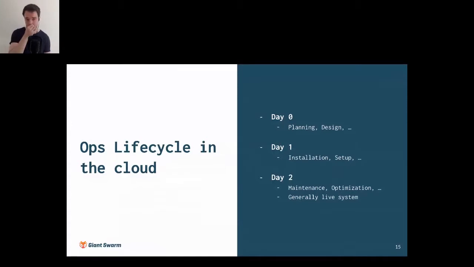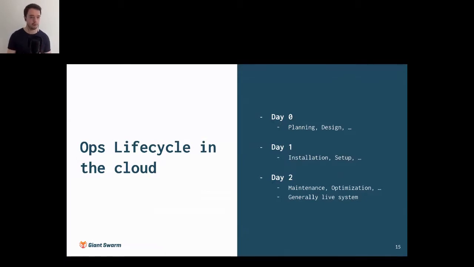So there's a certain ops lifecycle in the cloud. I think we're at a DevOps conference, so I believe most of you have heard of this, but basically we have these words of day 0, day 1, and day 2 ops, where day 0 means it's just planning and design. So we're not doing anything that is taking actual effect. We're just planning out what our component is going to be and what the design is going to be and so on.